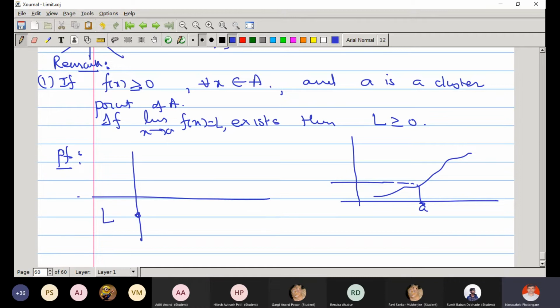Suppose the function is greater than or equal to 0 but the limit is negative at a, then what will happen?